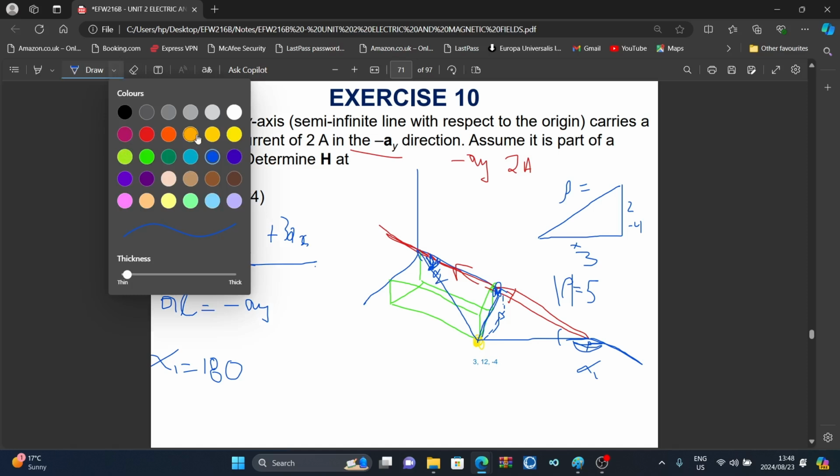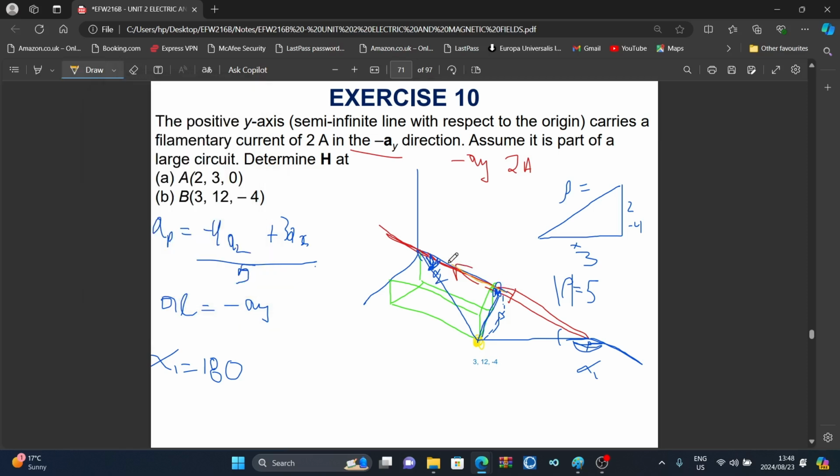Let's do this. We know this distance here is 12, and we know this distance here, where it's resting, is 3.